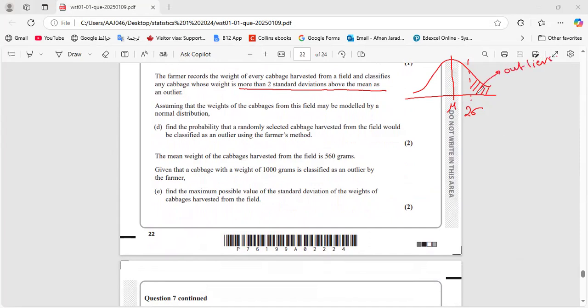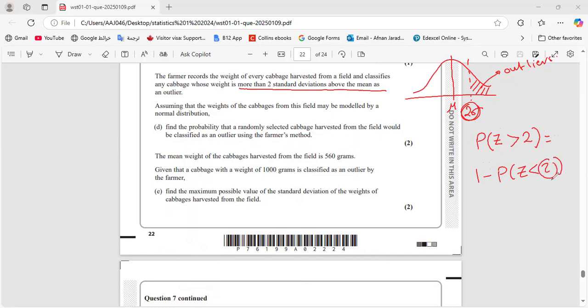The probability that a randomly selected cabbage harvested from the field would be classified as an outlier: I need to find the probability of Z greater than 2. If Z is greater than 2, which is more than 2 standard deviations above the mean, that equals 1 minus the probability that Z is less than 2.